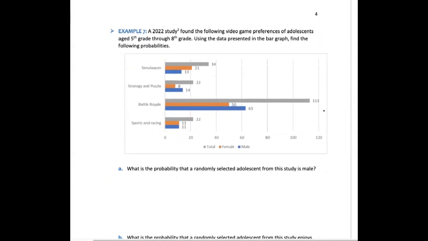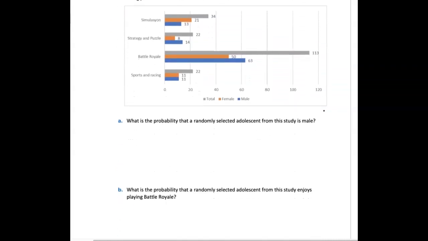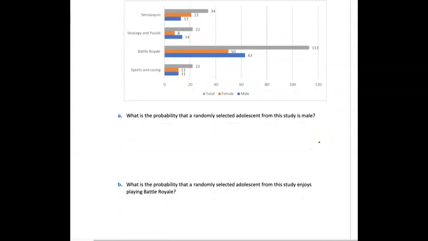Example 7. A 2022 study found the following video game preferences of adolescents, 5th grade through 8th grade. Using the data presented in the bar graph, find the following probabilities. What is the probability that a randomly selected adolescent from this study is male? So here we want to find the probability of male. This means in the numerator, I want to count the number of males from this study.